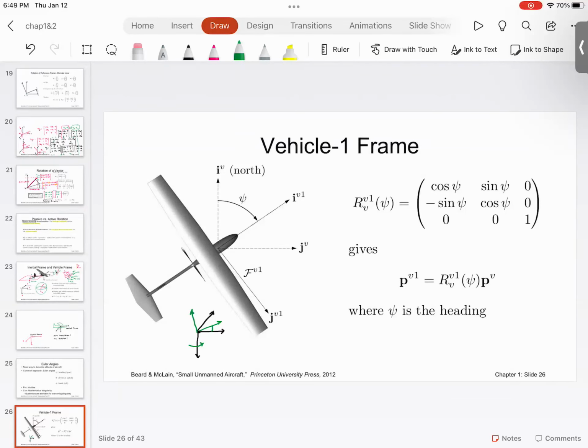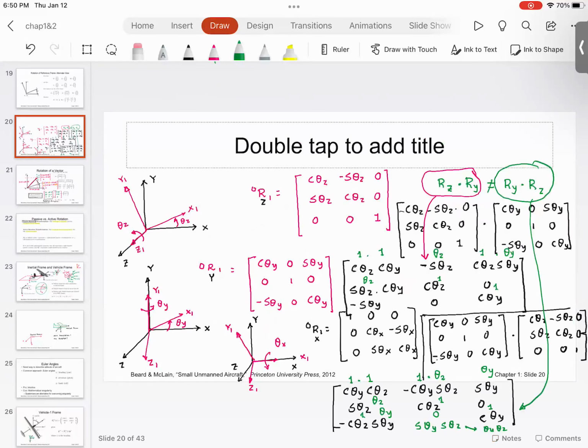When the aircraft yaws, the vehicle-one frame is related to the vehicle frame by this rotational transformation matrix. And this rotation, believe it or not, is exactly the same as the rotation about the z-axis.